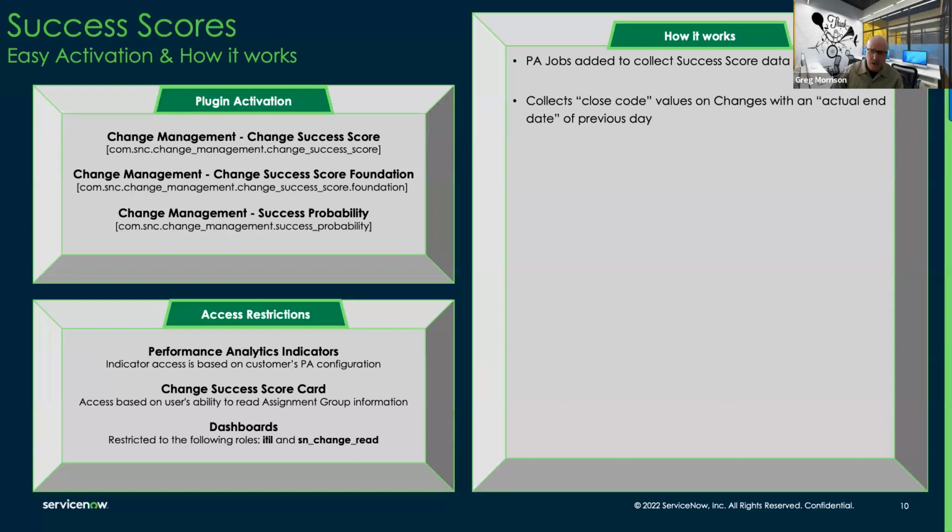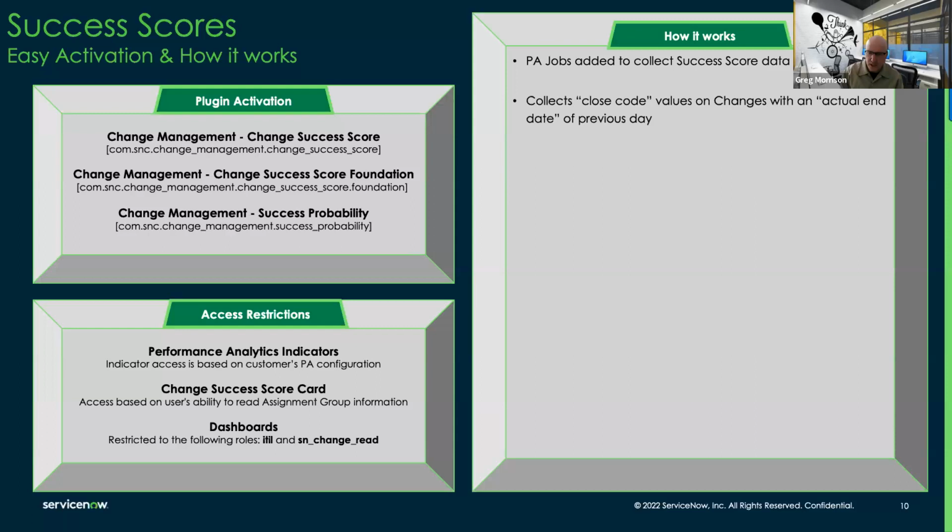One thing I want to call out, as we mentioned in the previous slide, is that we're collecting that information based on close codes in your change request and changes with an actual end date of the previous day. So we're looking at the previous day's data and what the close code was in that change request.